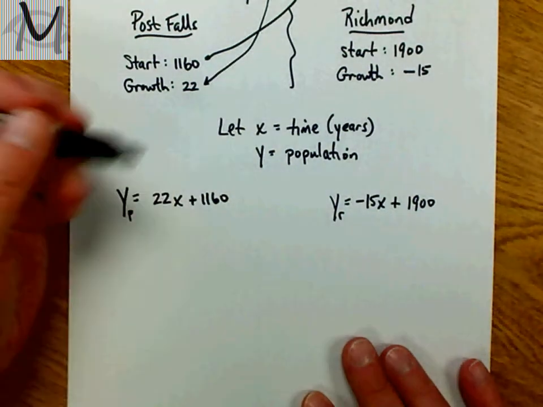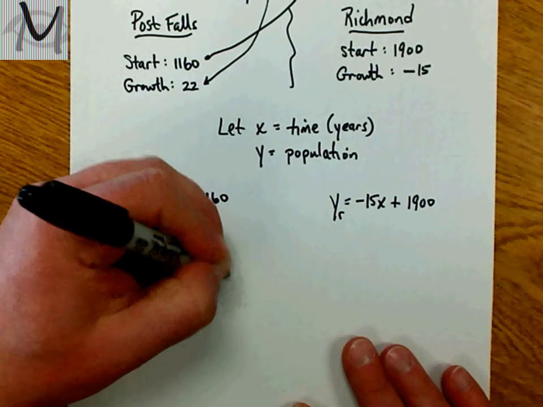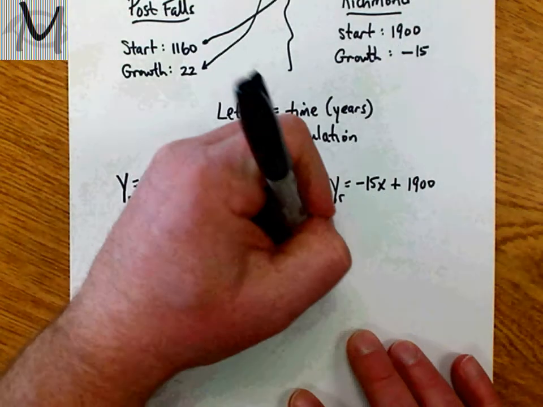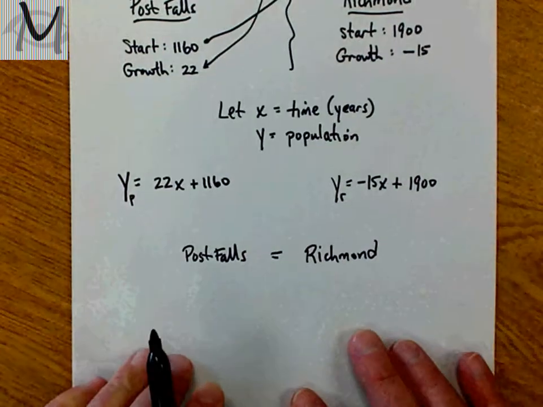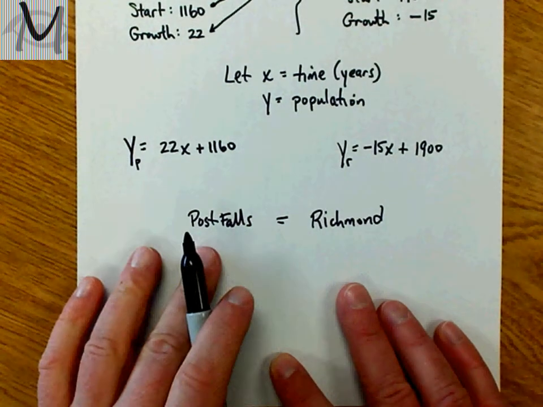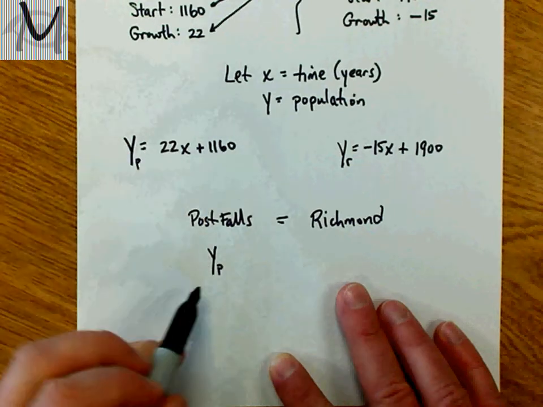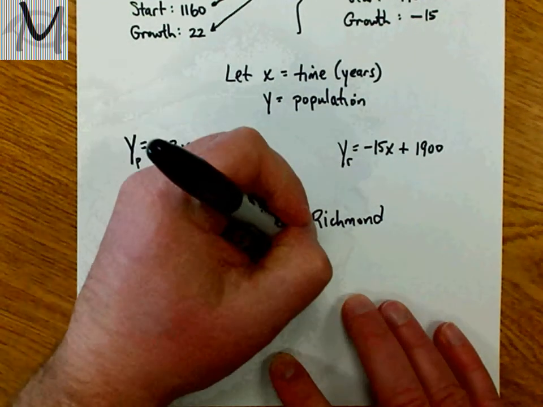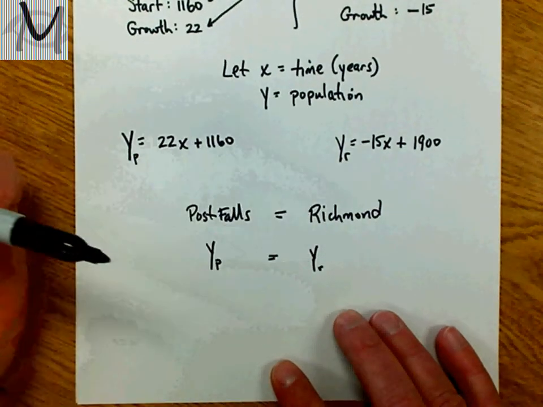I want to know when Post Falls' student population is going to equal Richmond's student population. What does y of p stand for? The student population of Post Falls. Over here, y of r stands for the student population of Richmond.